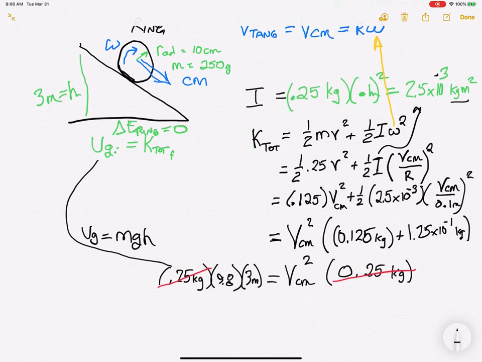I'm going to then take the square root of both sides and get 9.8 times 3, and take the square root of that. And I get a velocity of 5.42 meters per second.